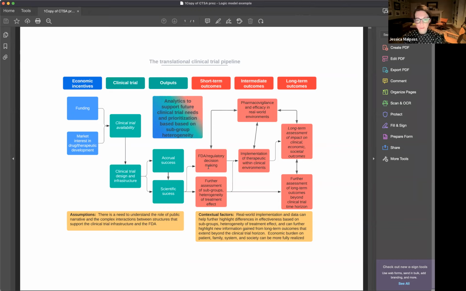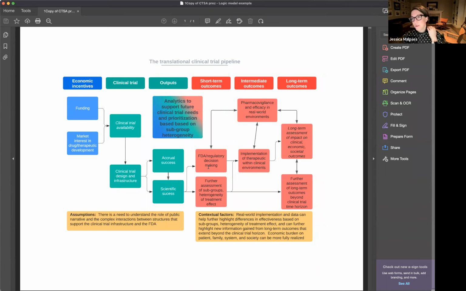Often you'll find manuscripts that almost haphazardly demonstrate subgroup efficacy or subgroup differences in performance of the intervention. That's something that really needs to be stated a priori.